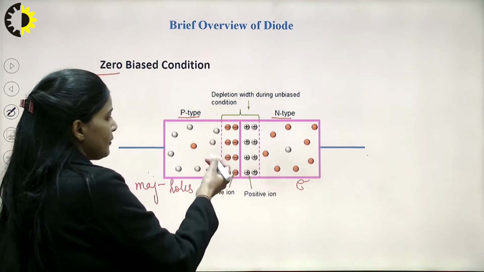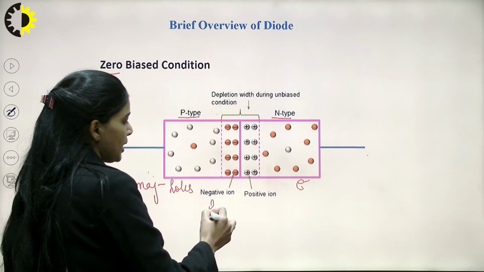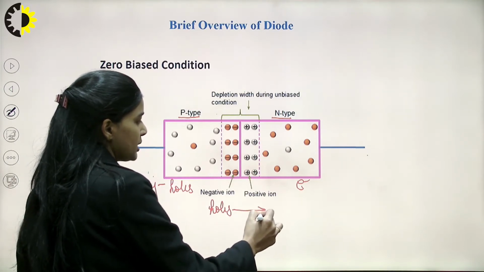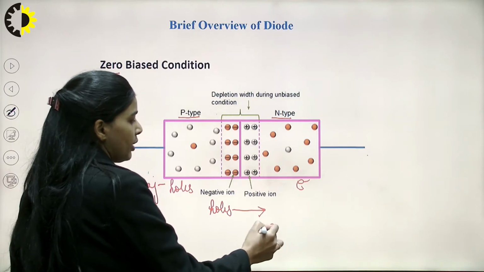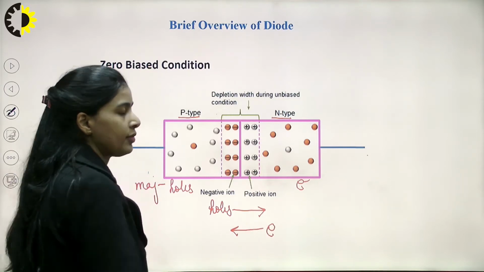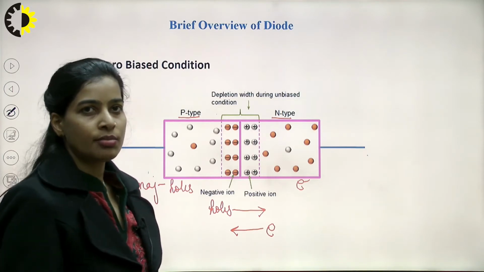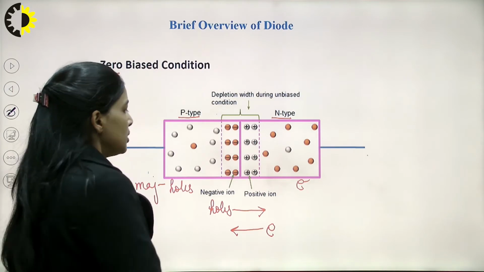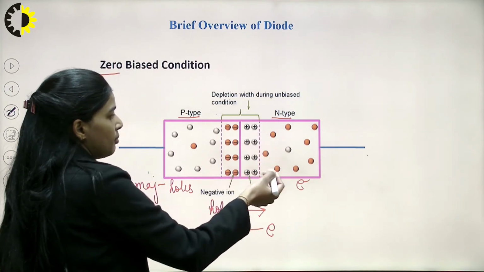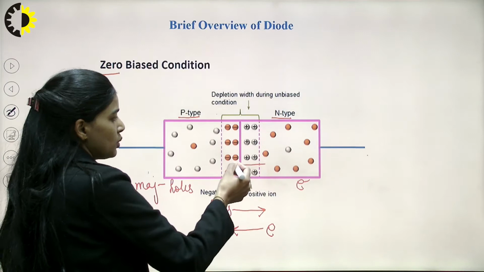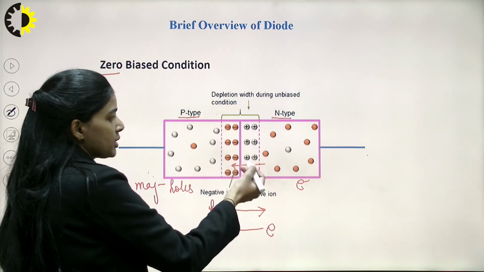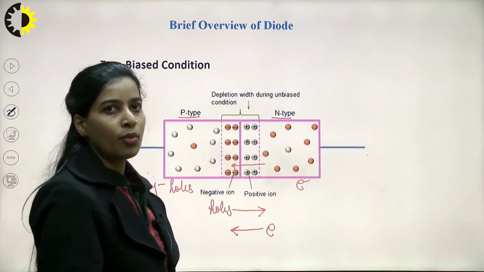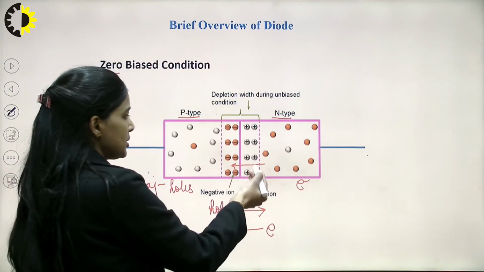Here on the left side holes are the majority carriers, so holes will move from left to right and electrons will move from right to left, as electrons are in majority in the N type semiconductor. When an electron moves from the N side towards the P side and crosses the junction, it leaves behind a positive immobile ion near this surface.